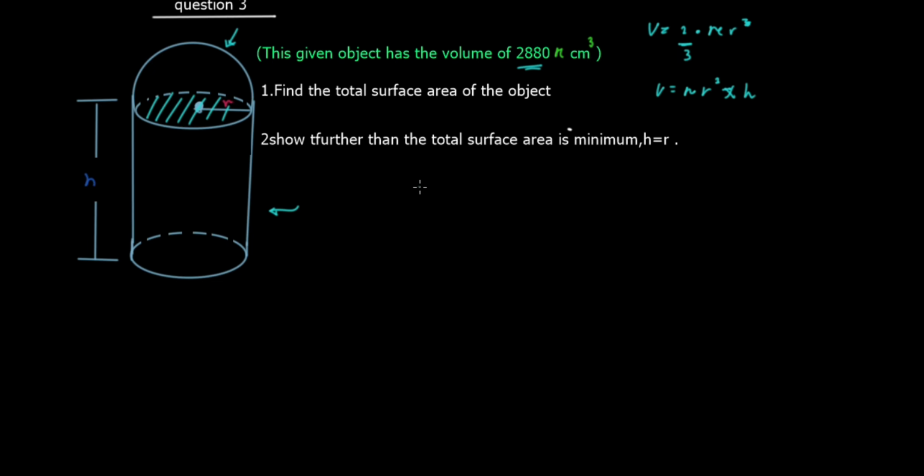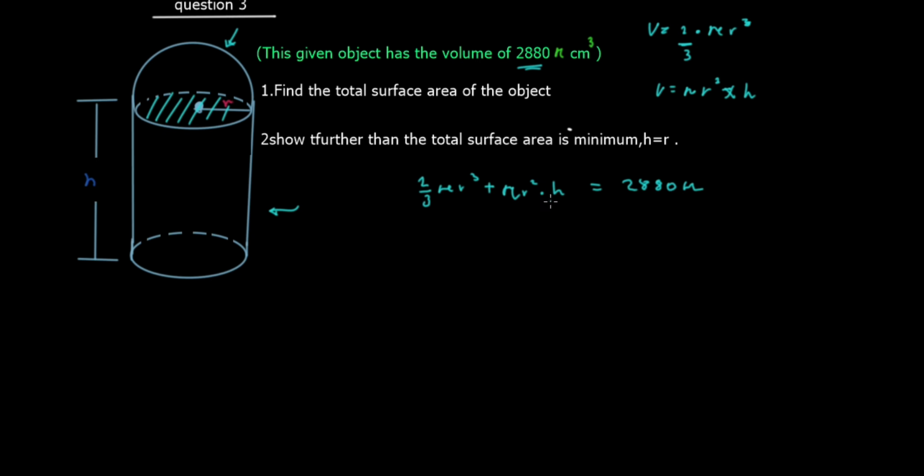We could say 2 over 3 pi r cubed plus pi r squared multiplied by h equals 2880 pi.